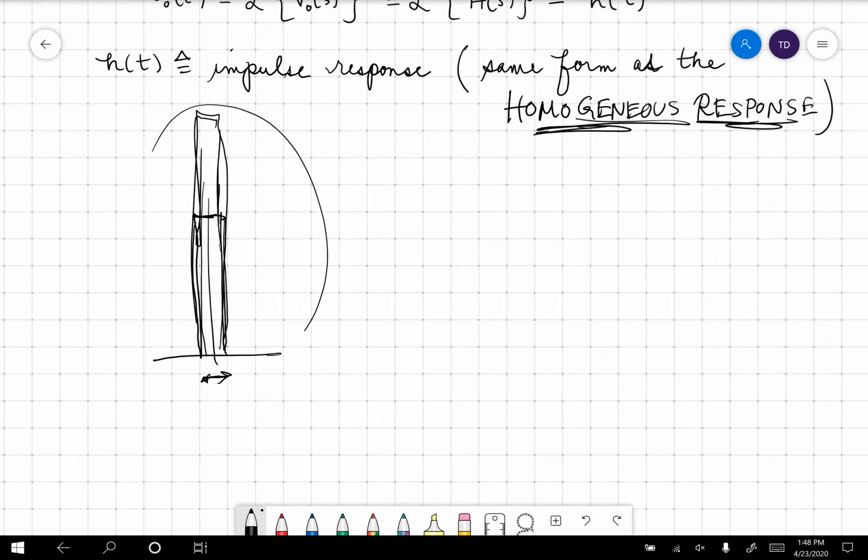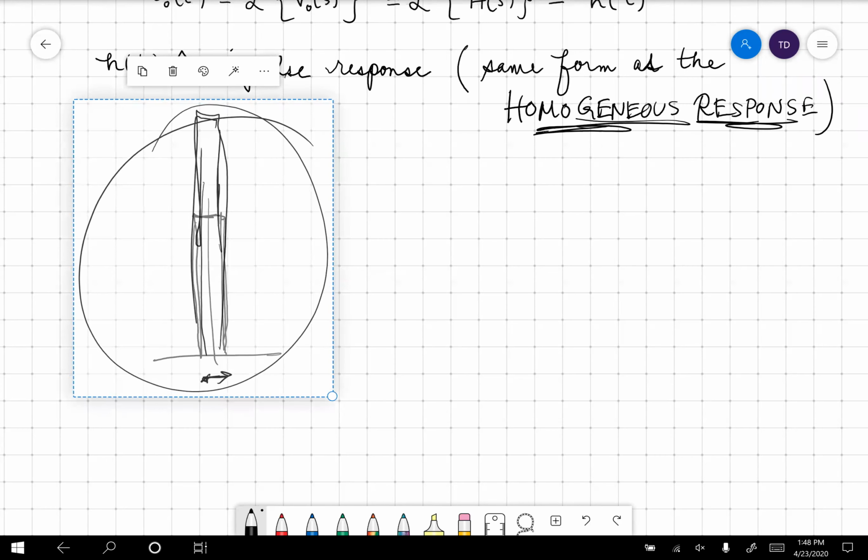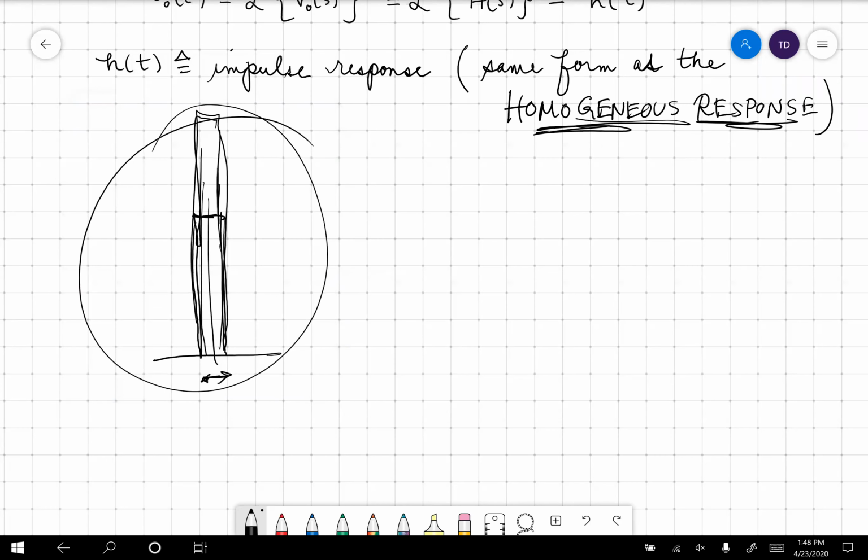And we can develop these in the lab real quickly. We can plug it into a circuit, and we can see what the output response looks like. And that output response is going to look like the homogeneous response, I guarantee you. So that's why this is a real nifty thing.